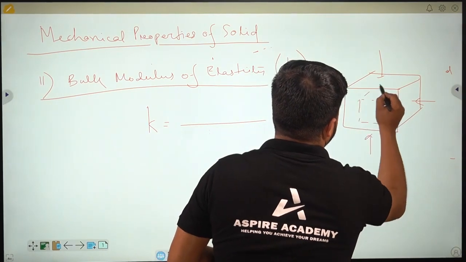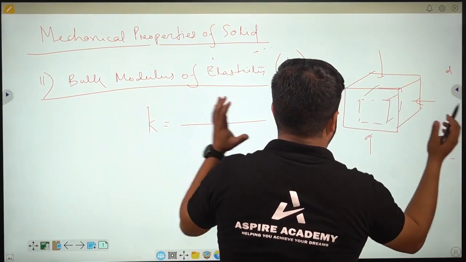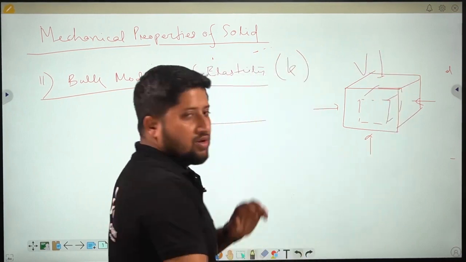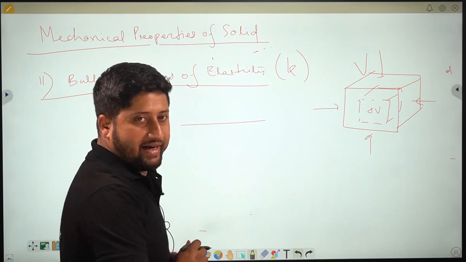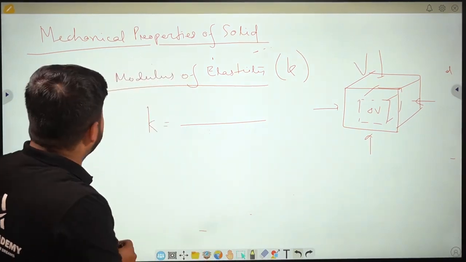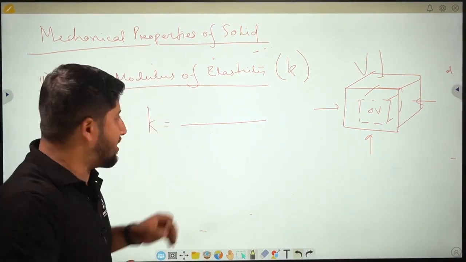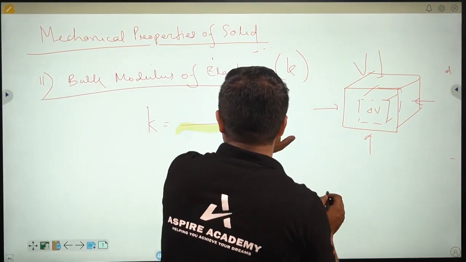With the amount of force we apply, the volume is compressed. So the original volume is V, and the change in volume is del V. What is bulk modulus of elasticity?